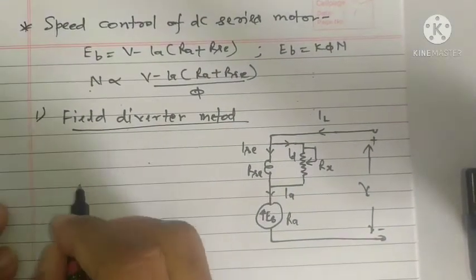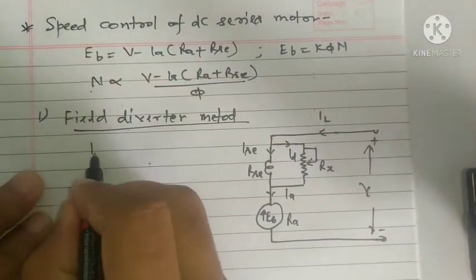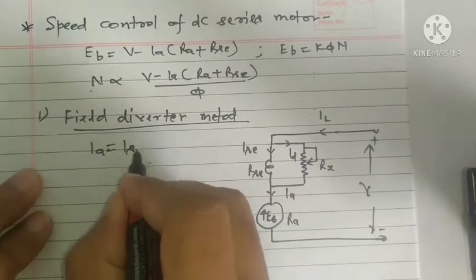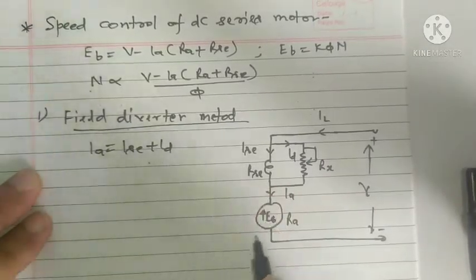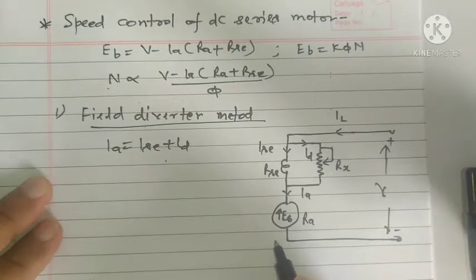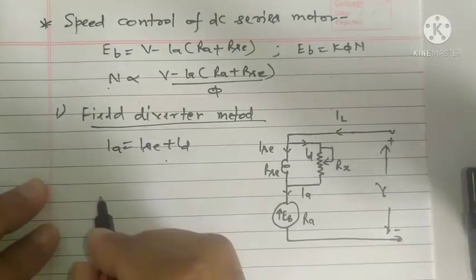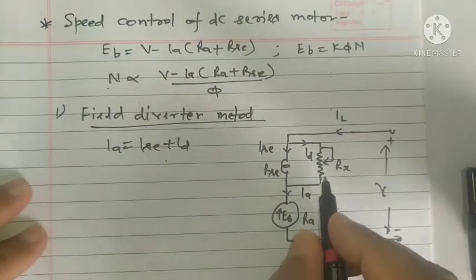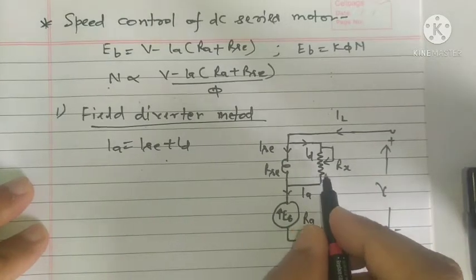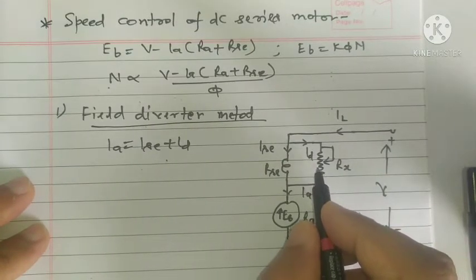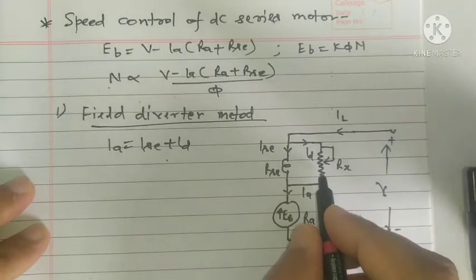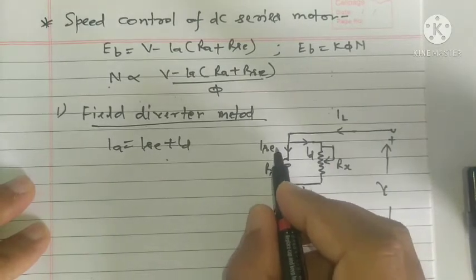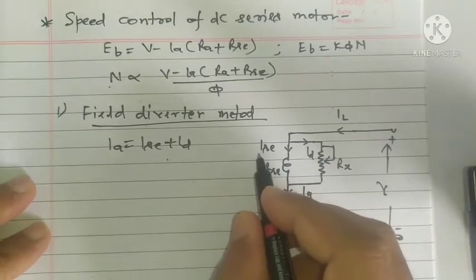So here armature current is ISC plus ID. Okay. So in this case, if I vary this resistance, then current through this will vary, and in that case this field current will also vary.